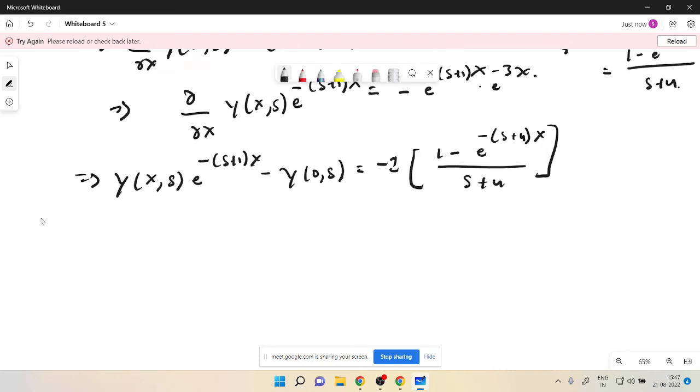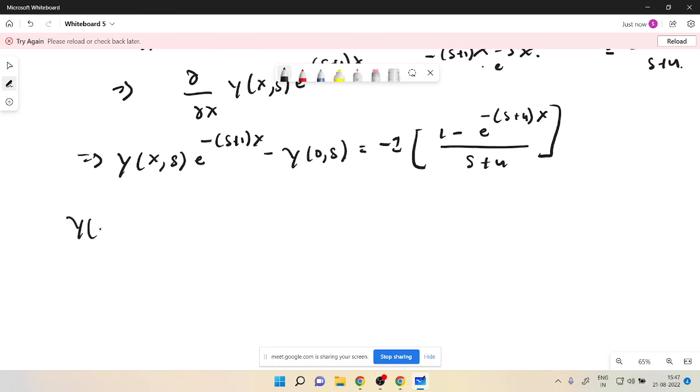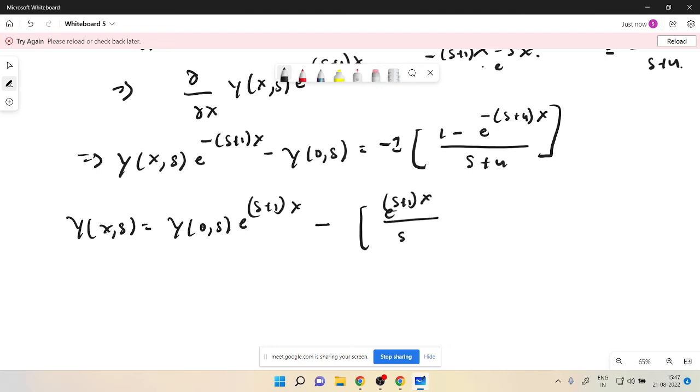Okay, dividing the entire thing, Y of x comma s is equal to Y of 0 comma s e to the power (s plus 1)x minus e to the power (s plus 1)x by (s plus 4). The (s plus 1) terms will get cancelled, and less e to the power minus (s plus 1) x by (s plus 4).